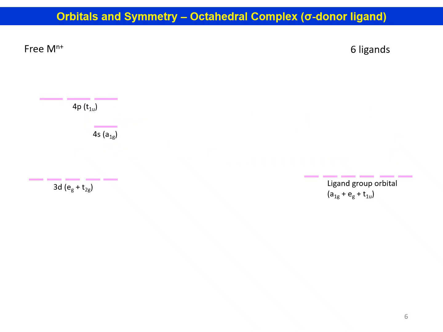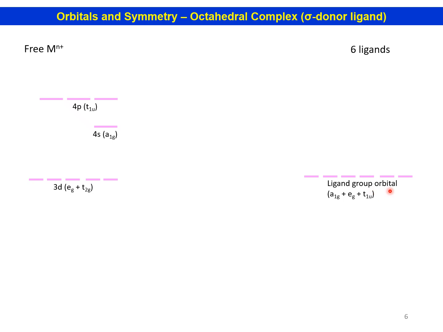Before the metal ion forms bonds with the ligands, this is the energy of the orbitals in the free metal ion, and this is the energy of the ligand group orbitals. Now, because there are 6 ligands coordinating to the metal ion, we are going to consider 6 ligand orbitals.